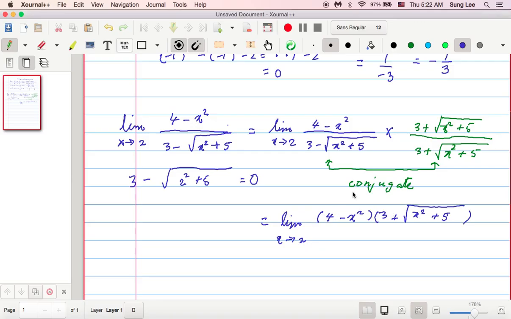You are going to make things pretty complicated, and that's not going to help. So leave it like that. And for the denominator, I'm going to write down one factor next to the other: 3 minus the square root of x squared plus 5, times 3 plus the square root of x squared plus 5.